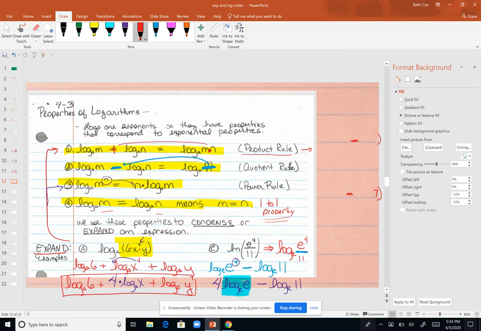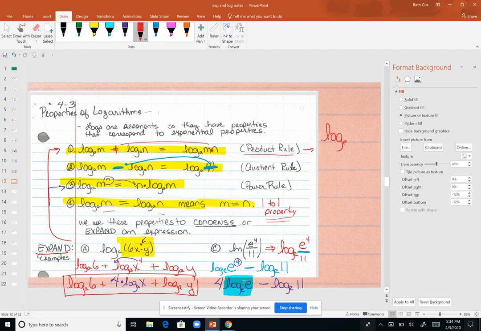Okay, so let's look at this. This says log base E of E. Let's just think about this. Remember what I told you this said. The log means what exponent. That's what log means.